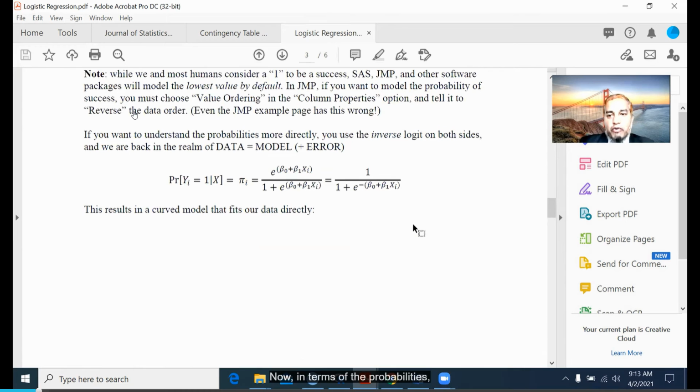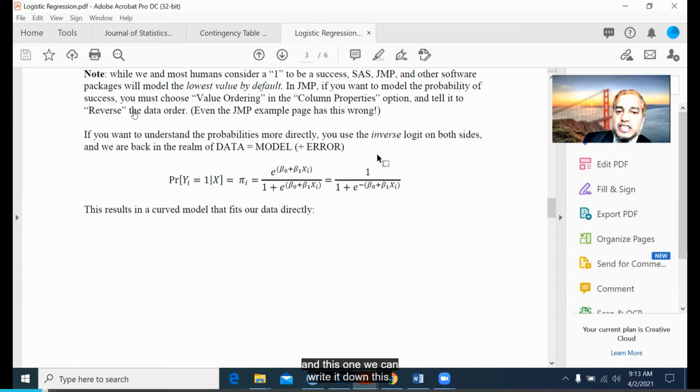Now in terms of the probabilities, the probability can be written in this form: the probability that someone subscribes to a newspaper, y equal to 1, depending on their age, is this.